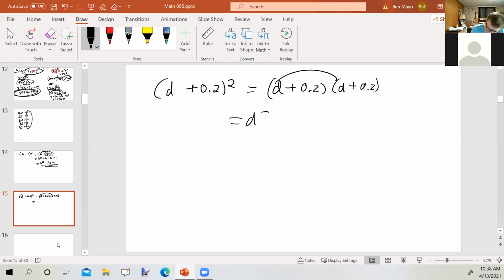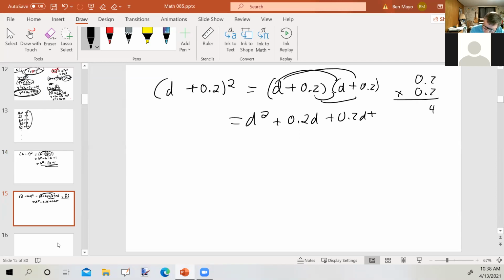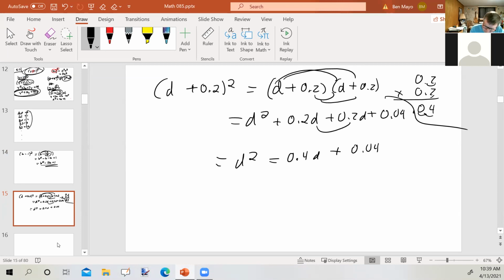We get D squared plus 0.2D plus 0.2D plus, careful now, 0.2 times 0.2, we'd have a 4, but we'd have to move over 2 places, so we'd get 0.04. All right? So then we get d squared plus 0.4d plus 0.04. Be careful adding, subtracting, multiplying, dividing decimals. Don't forget those rules.